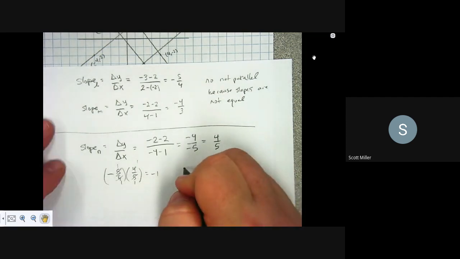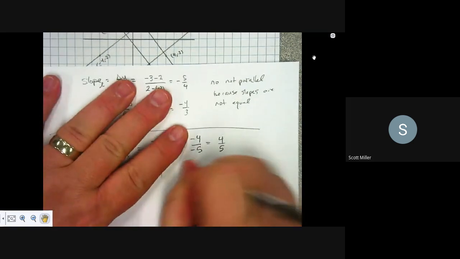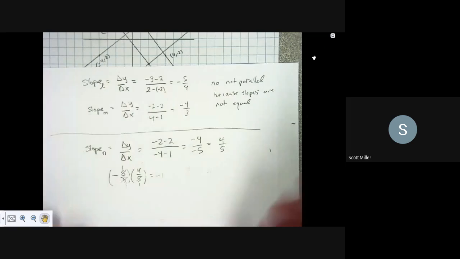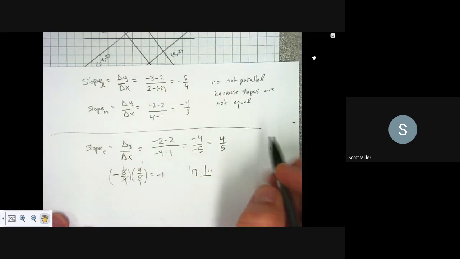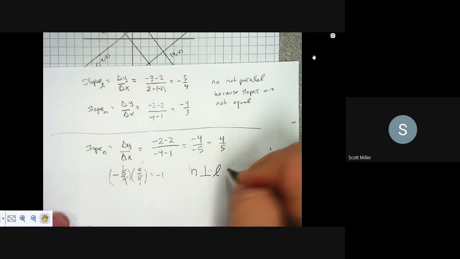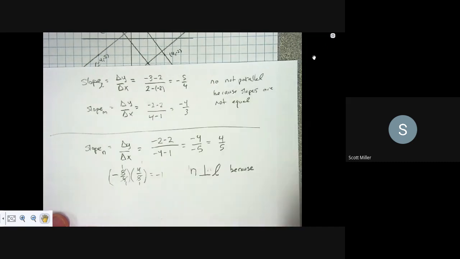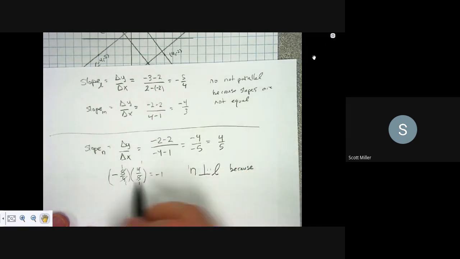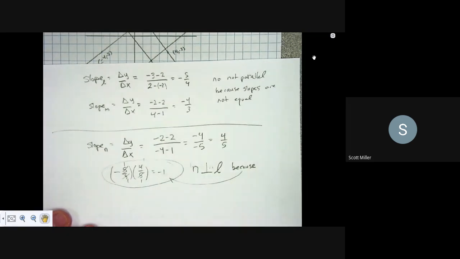So line N, and here's how we write it. N, and then an upside down capital T, is perpendicular to line L. Because of that, their product is -1.